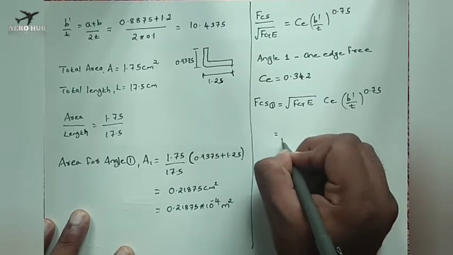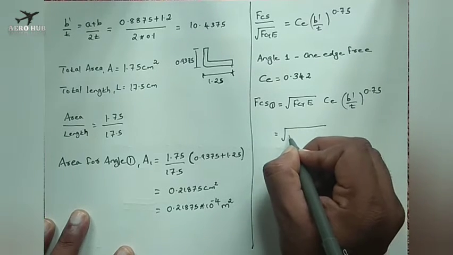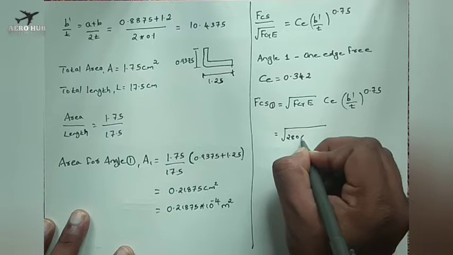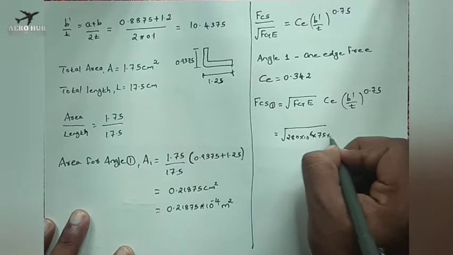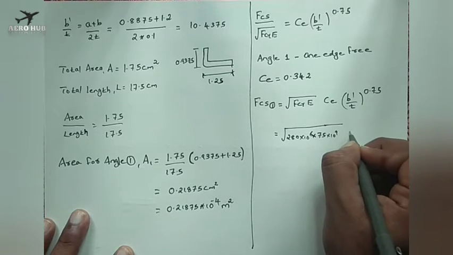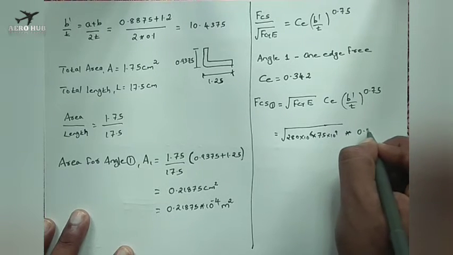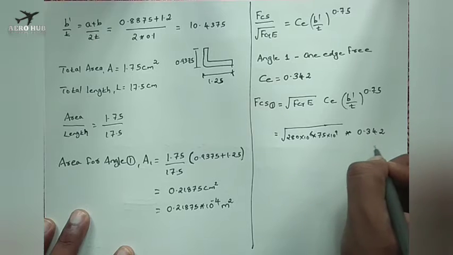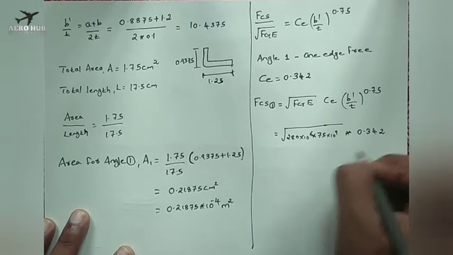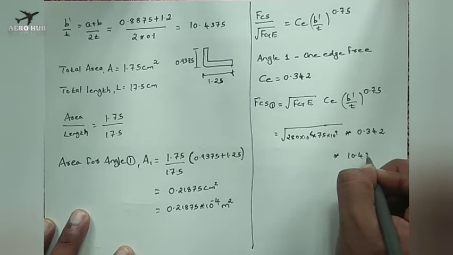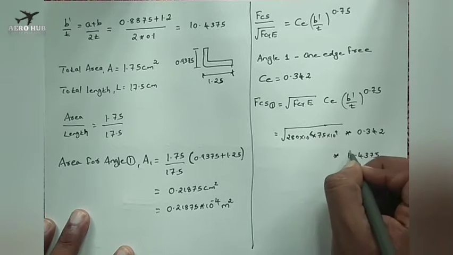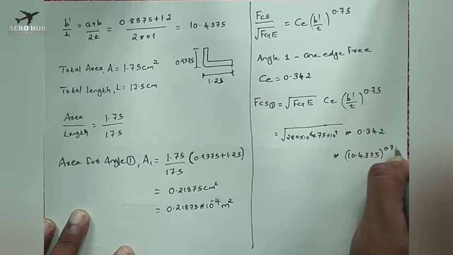Now substitute: FCY is 280 megapascal, 10 power 6, and the value of E is 75 gigapascal, 10 power 9, into CE, which is 0.342, multiplying not dividing, into B dash by T, that is 10.4375, into the whole power 0.75.